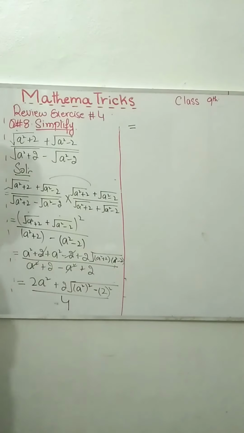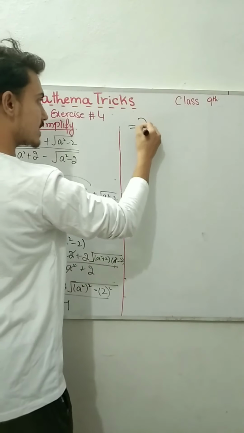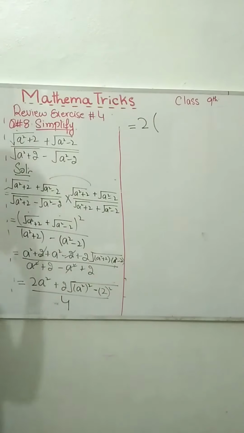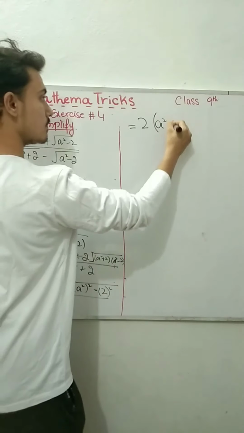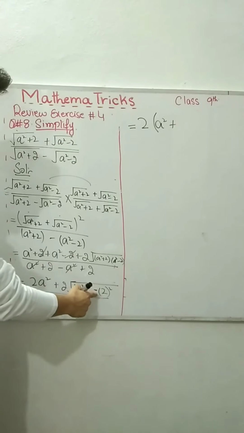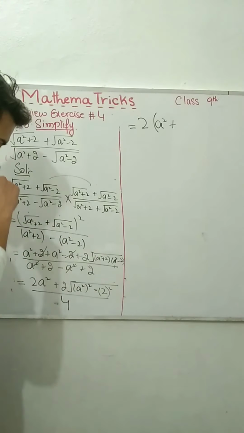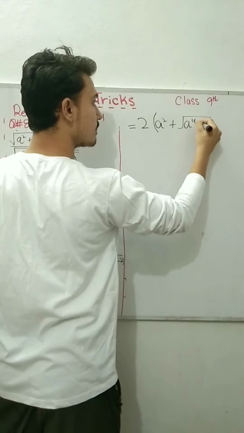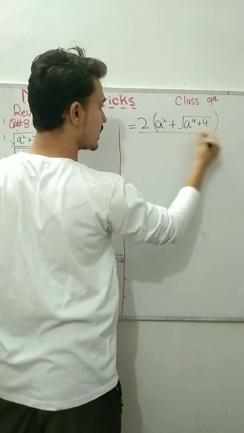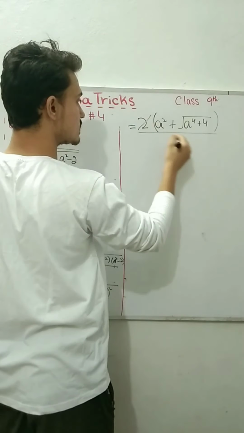We continue here. I have 2 here and a 2 here. 2 is common in both the values in the numerator. Let's take 2 as a common term. What is left? I have left a square here, plus a to the 4 minus the square of 2 is 4 into a to the 4 plus 4 divided by 4. 2 1s are 2, 2 2s are 4.